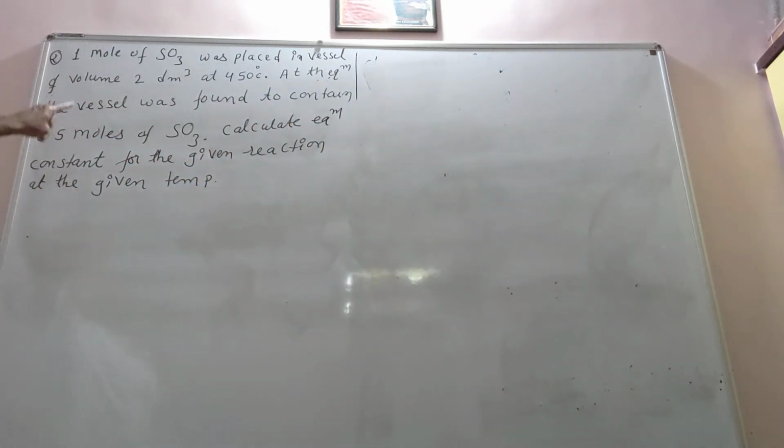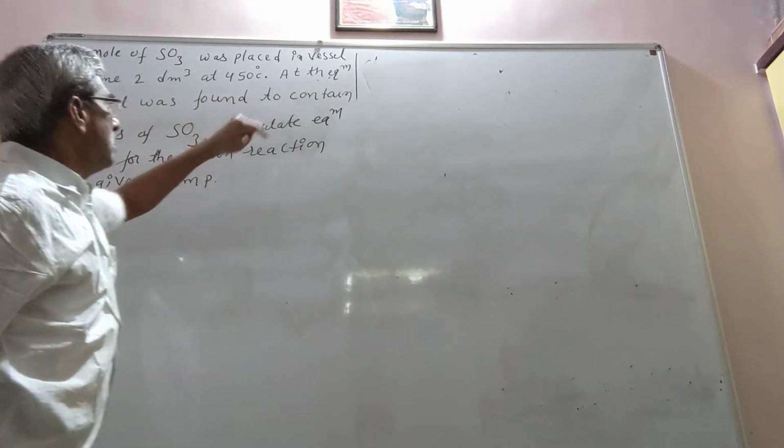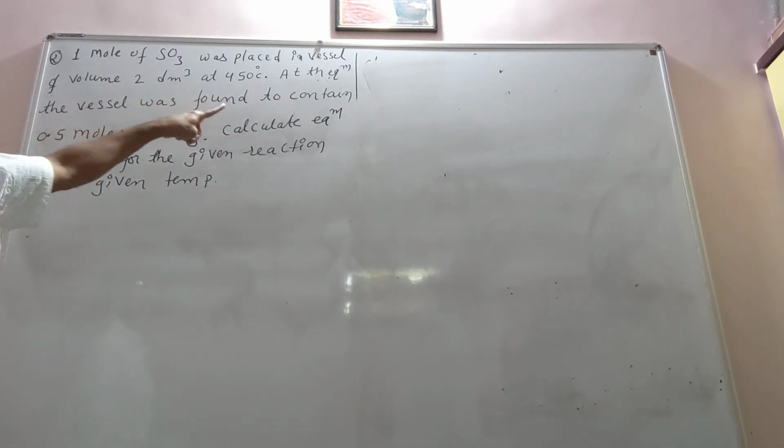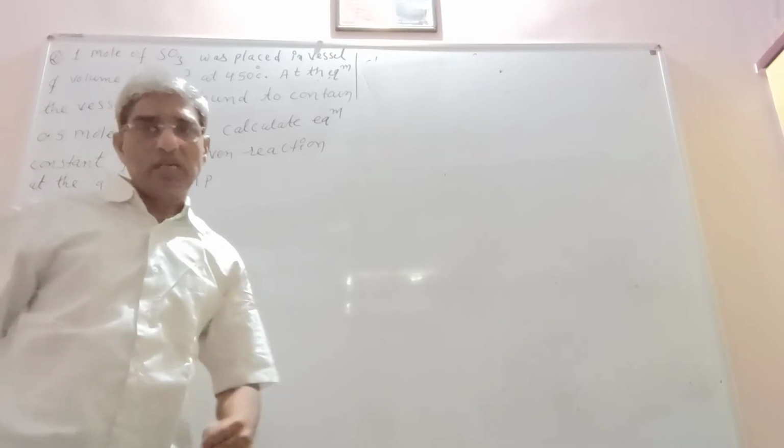1 mole of SO3 was placed in a vessel of volume 2 dm cube at 450 degrees Celsius. At equilibrium, the vessel was found to contain 0.5 moles of SO3. Calculate the equilibrium constant for the given reaction.